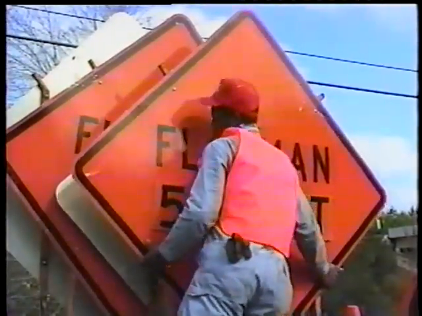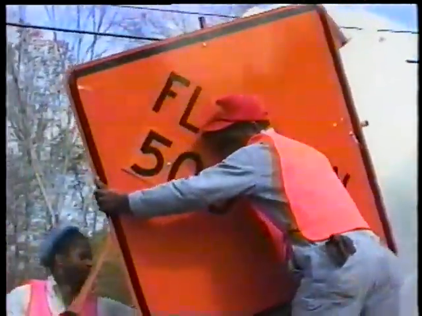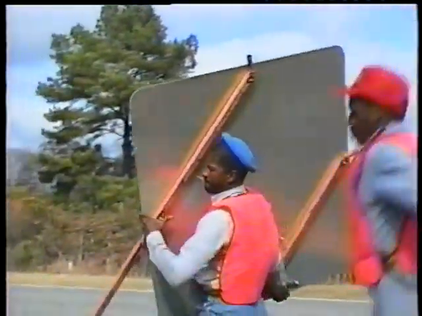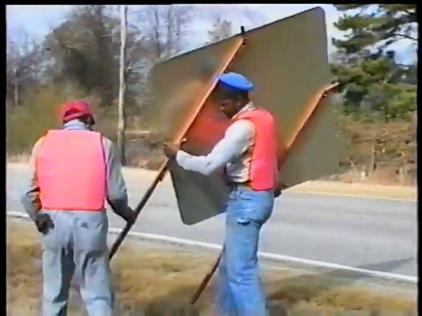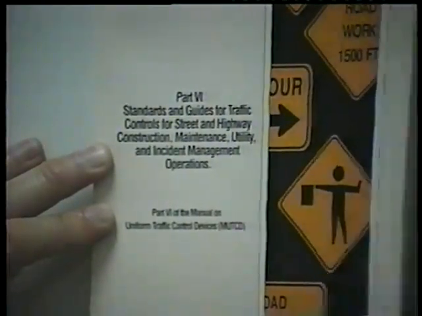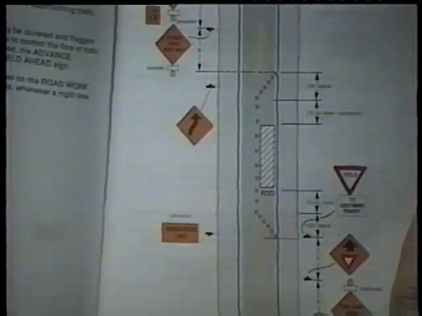Now, although the exact signs and devices and their locations will change from project to project, there are a number of principles that apply to all traffic control zones. First, the traffic control setup should comply with the manual on uniform traffic control devices.